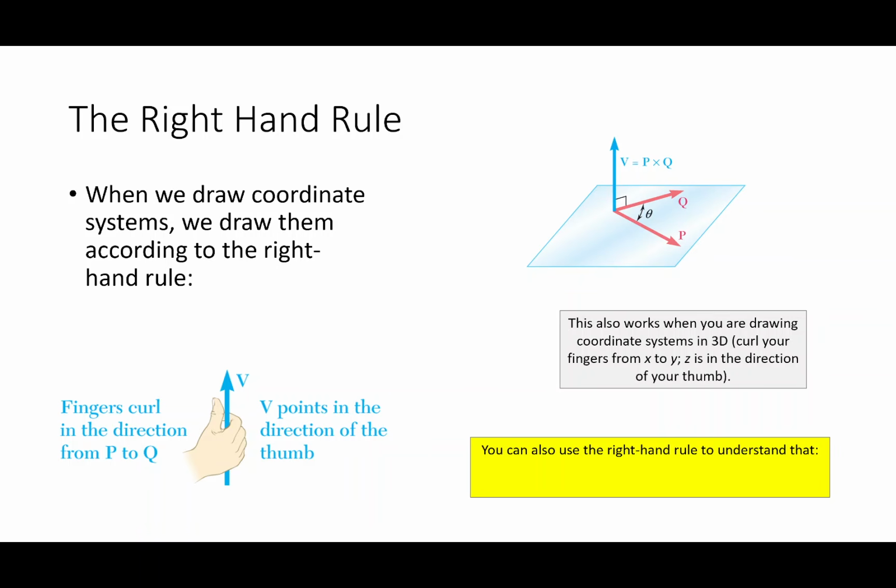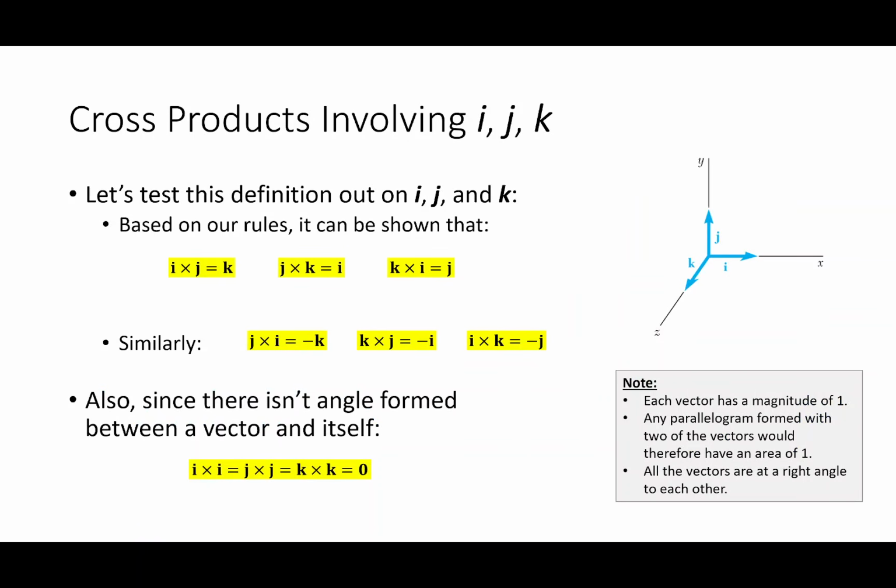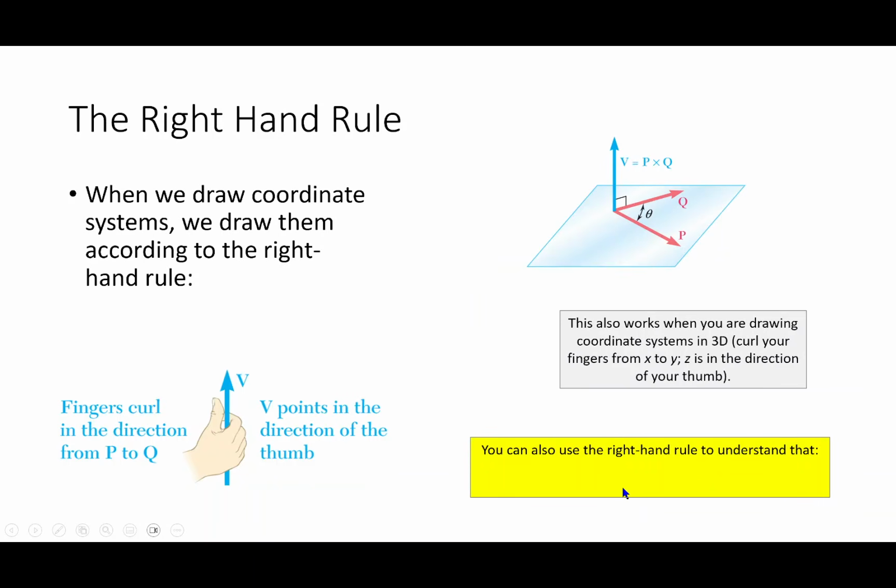So it is for that reason that it's really easy to understand that if you have A cross B and you want to compare it with B cross A, the answer is the signs are flipped, okay?